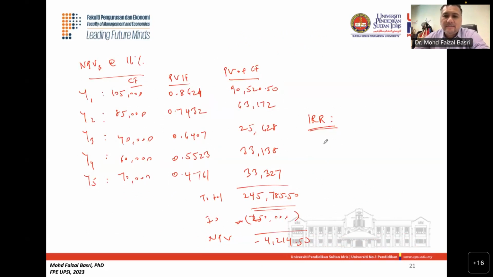Kita ambil yang high dulu. Kita letak rendah dulu 10%, IRR, 16%. Okay, this is the one that kita nak cari the rate based on the 10% IRR and 16%.